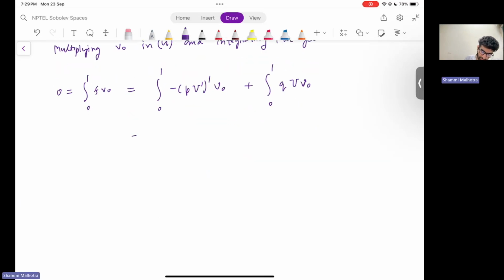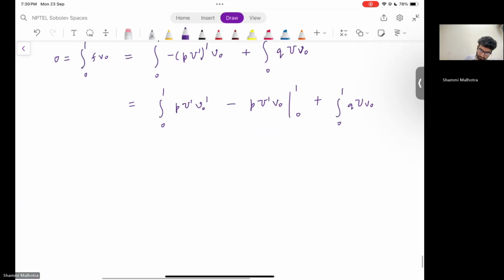And this is nothing but equal to, by integration by parts, the integral from 0 to 1 of p u' v naught', and then we have this boundary term p u' v naught evaluated at 1 and at 0, plus the integral from 0 to 1 of q u v naught.